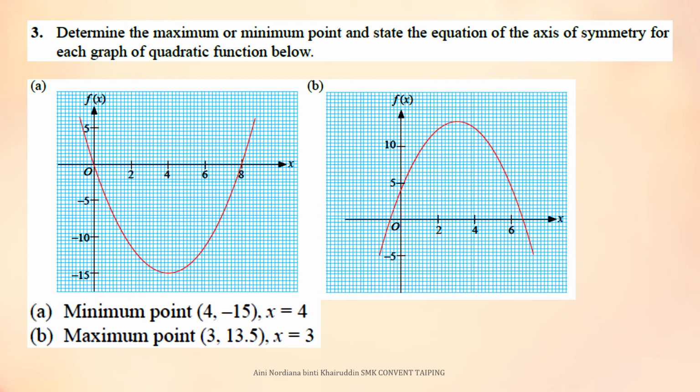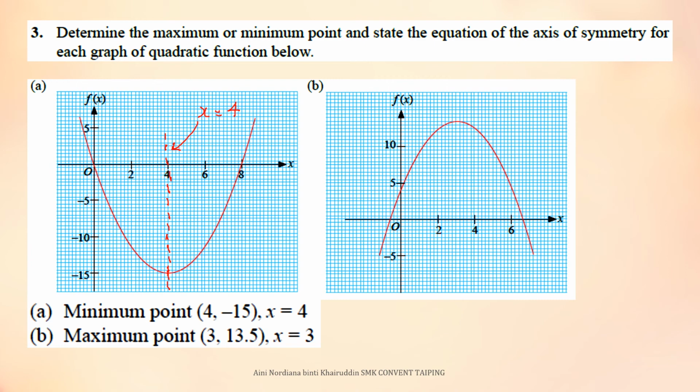So this is the minimum point. And this is the axis of symmetry. So the equation of this line is x equals 4.